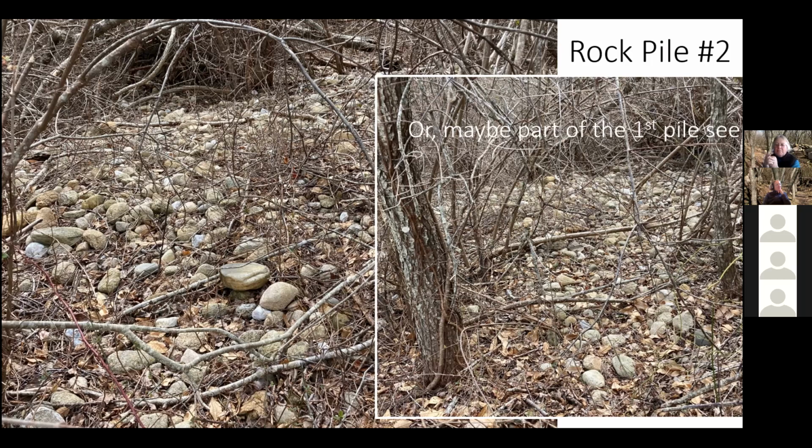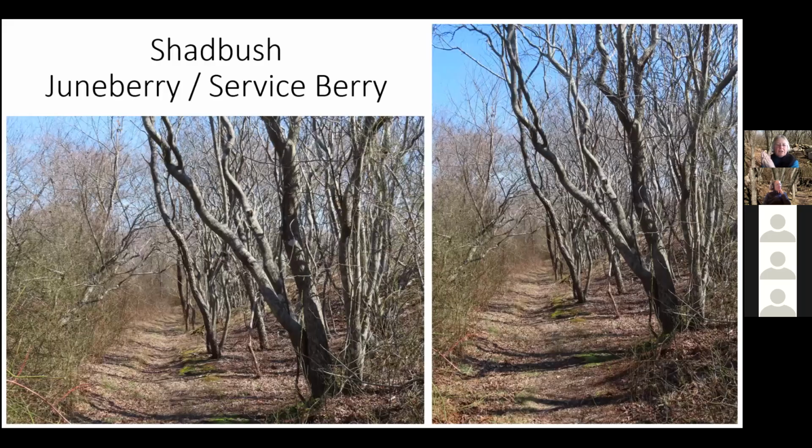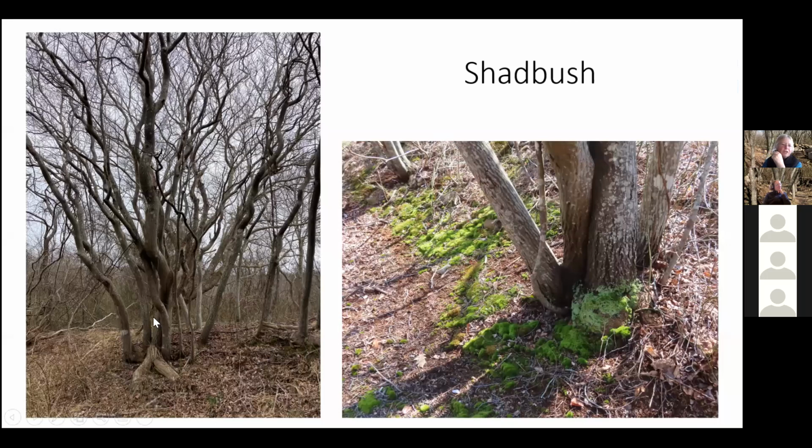Now in this loop, you have a lot of shad growing in here. And shad has a very distinctive shape. They're multi-trunks. Usually this is like the quintessential big shad clump. Multi-trunks in a clump, and then sort of out in a vase, and very sort of curly, like a twisted look to it.